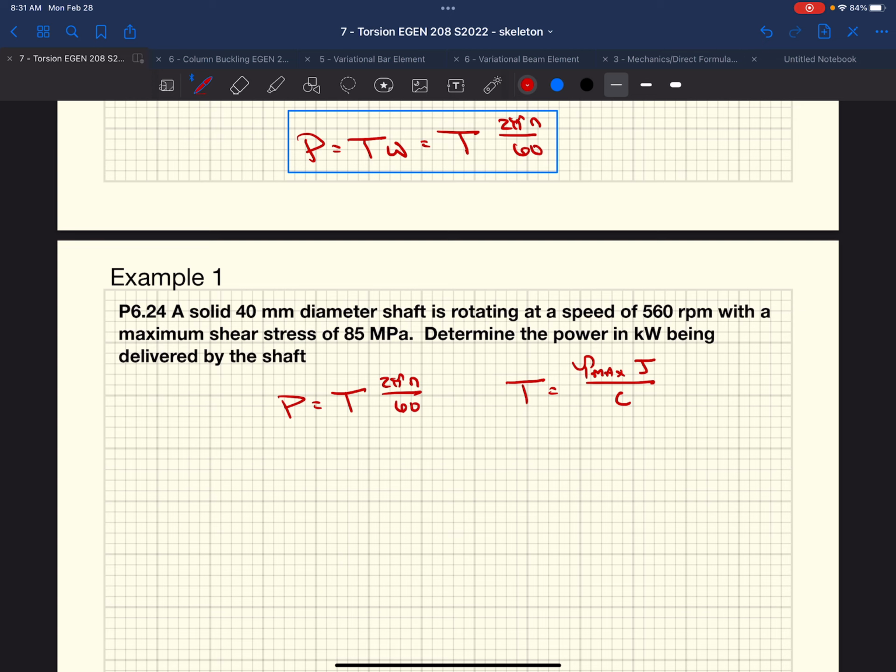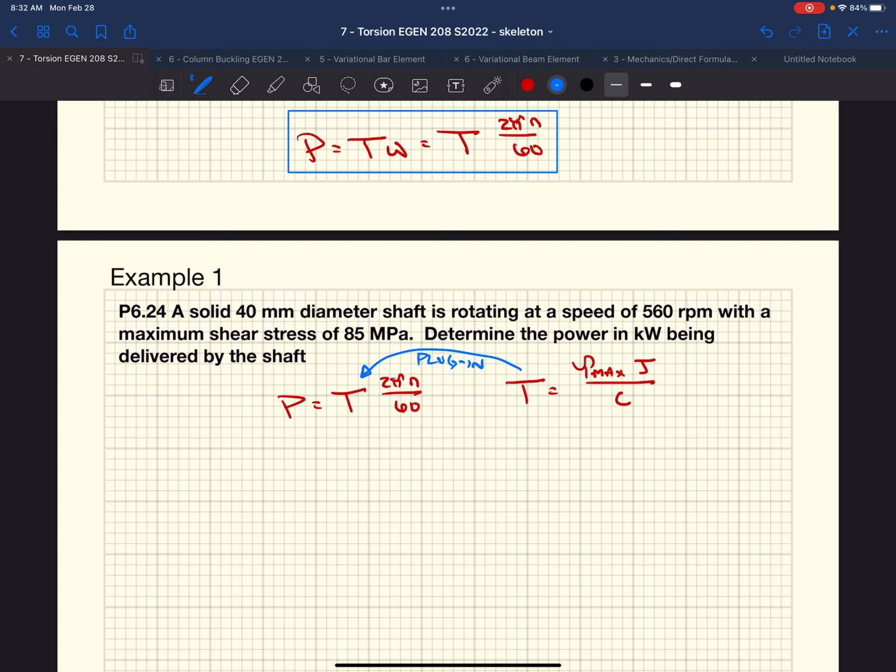And then they told us that when it's operating under its applied torque, it has a maximum shear stress of 85 megapascals. So we have everything in that equation. We're going to take that equation, calculate T, take T, plug it in, and calculate power.